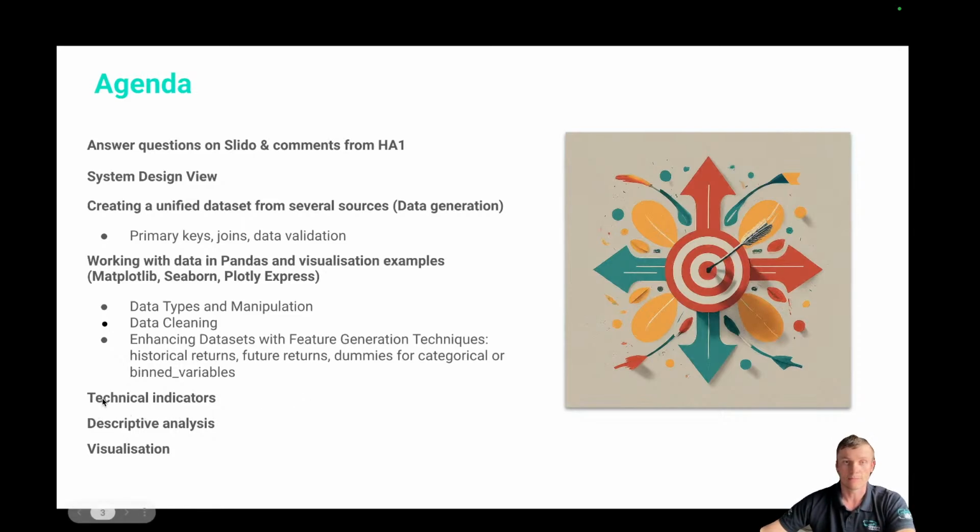This is a derived set of features from our main data source of daily stats. And during the whole module, we will see examples of descriptive analysis.